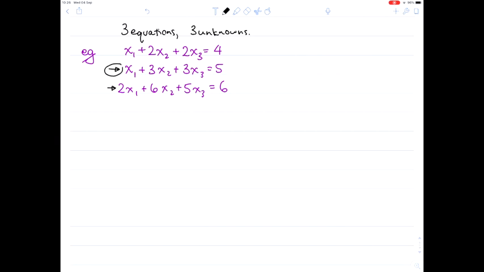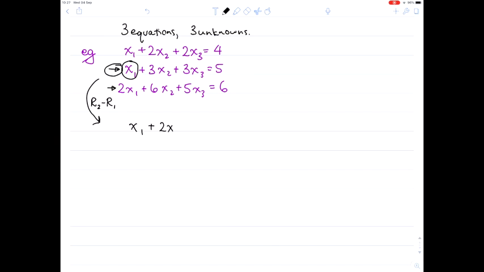I'm going to focus on getting rid of this x1 first. Well, if I have a look, if I just subtract row 1 from row 2, then I will have eliminated that x1. So what I'm going to do from here is say row 2 minus row 1. So I'm leaving row 1 as it was.